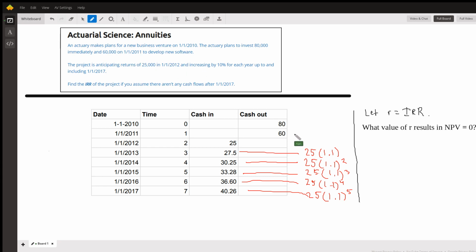So there's a 60 outflow in the next year, and the rest are all inflows. And I used a calculator to simply figure out, because it says they increase by 10% each year, so I just figured out all the cash flows. So populating this table is pretty easy.